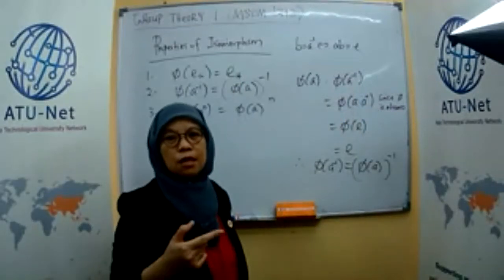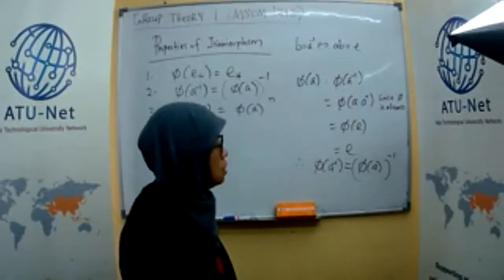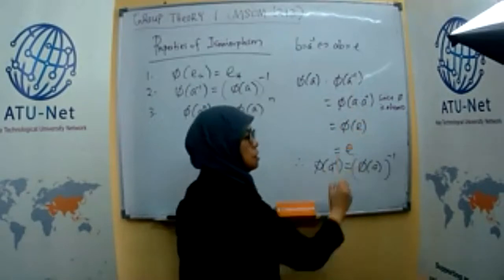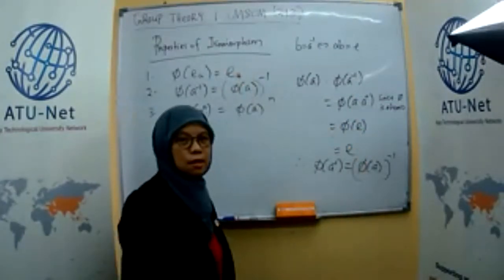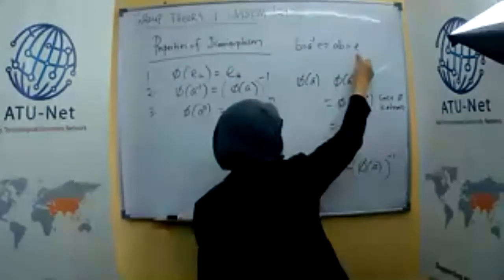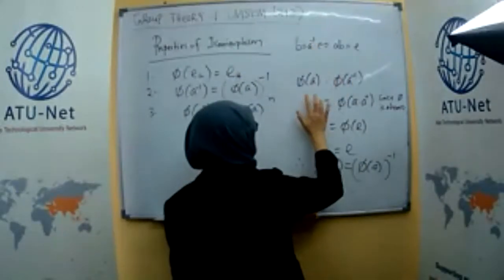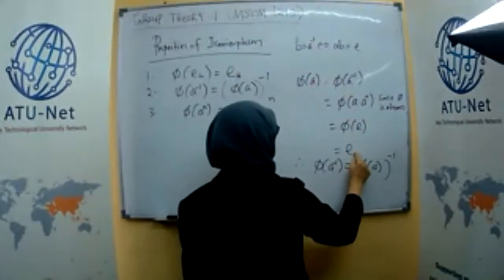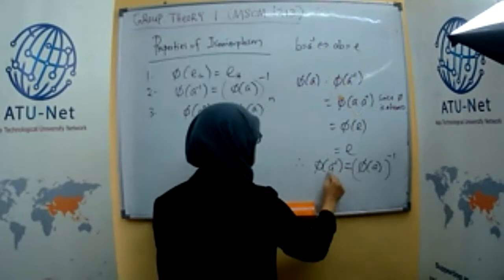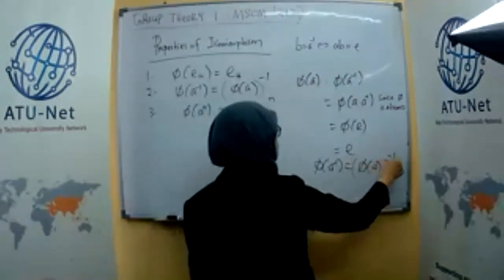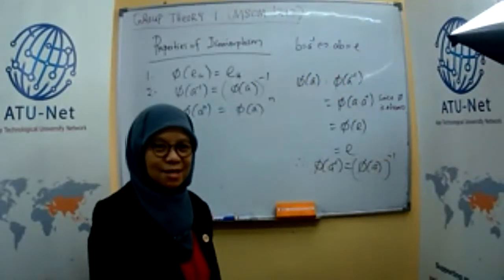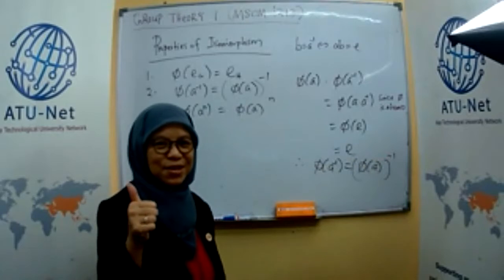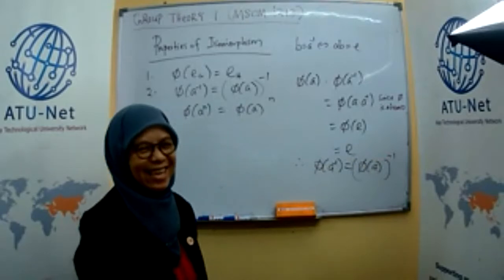And since A inverse is an element of G, it's E, and by 1, it's E. Since AB is E, B is A inverse. All right? Okay?